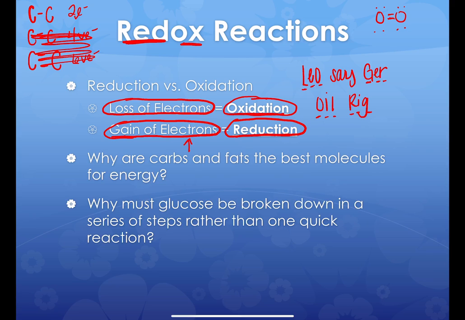So we're going to stop there with oxidation and reduction and talk about two other things. Why are carbs and fats the best molecules for energy? You should say because of the bonds, because of the number of bonds that are present.